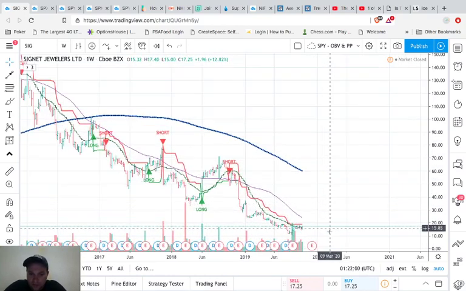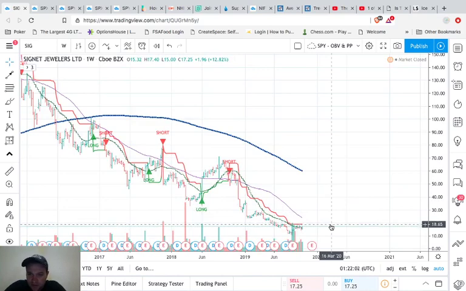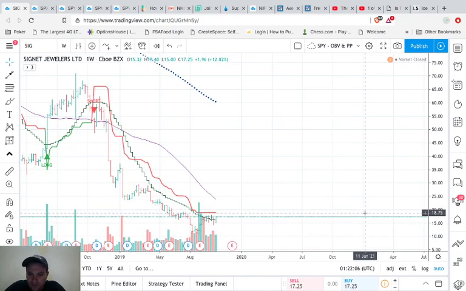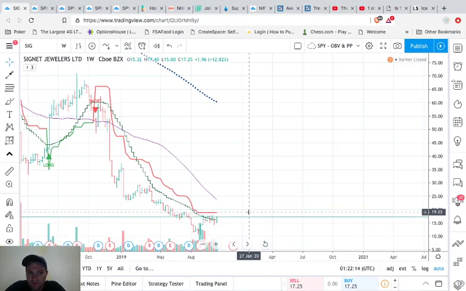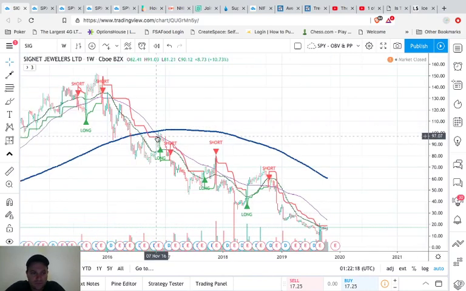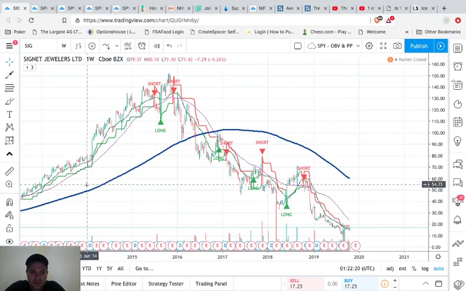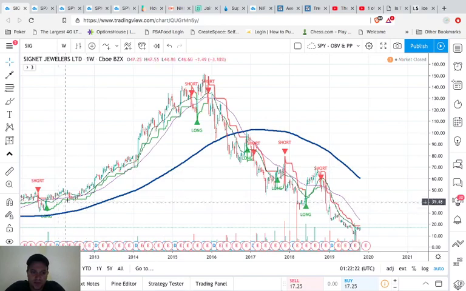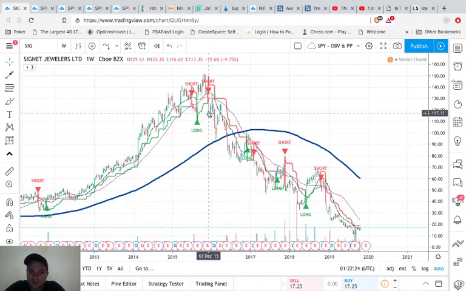But what's interesting is that it may try to find some support, but until that price actually breaks here, it's not going to indicate on this. You can see this is the weekly, so it can go real long as it's good.